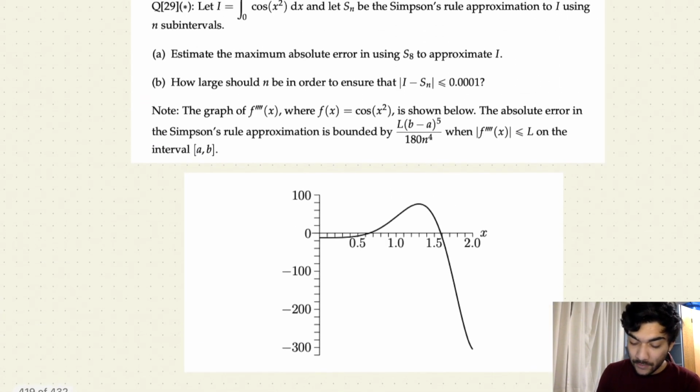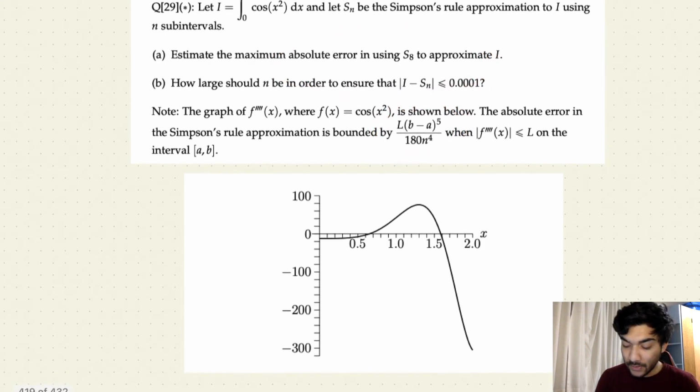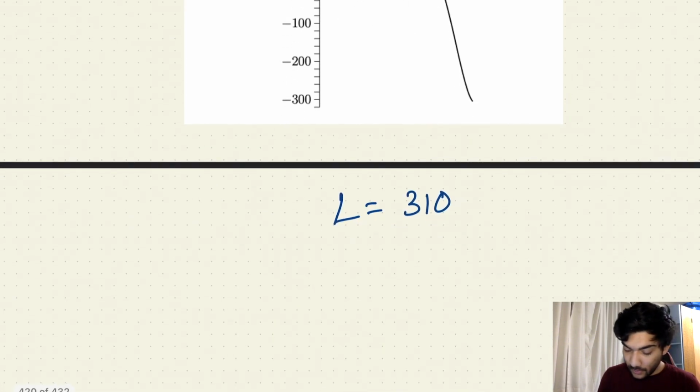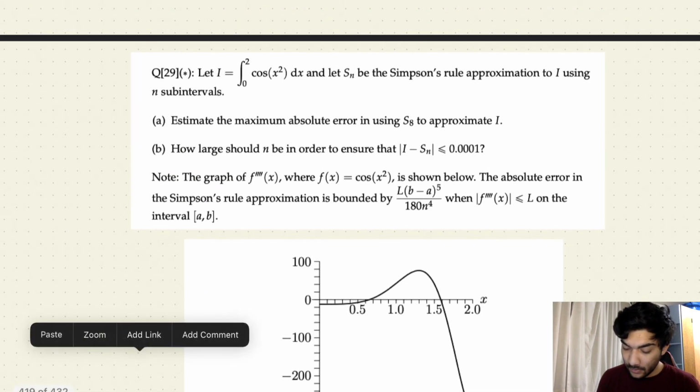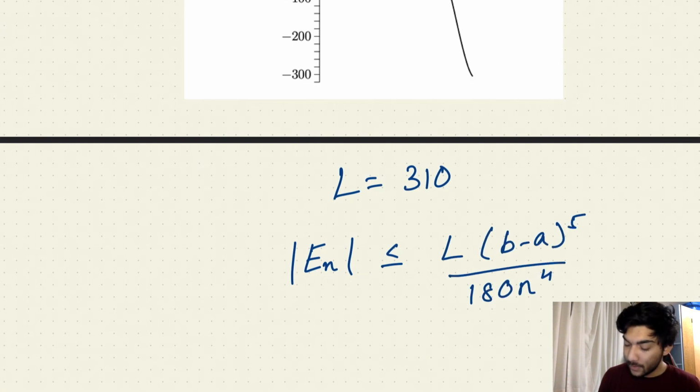Now we have to estimate the maximum absolute error in using S8 to approximate I. S8 is basically the Simpson's rule approximation when your subintervals are 8. So now you know the formula in order to calculate the maximum absolute error. You can basically plug in all those values into this formula. So we know that the maximum absolute error, which is also denoted by En, is less than or equal to L times b minus a to the power 5 upon 180 n to the power 4.